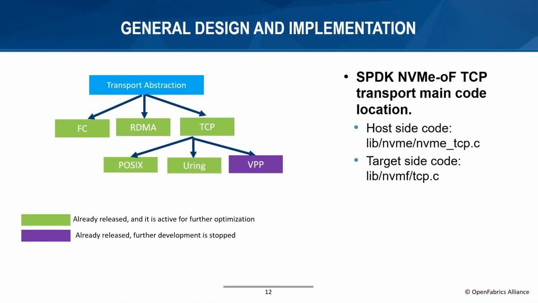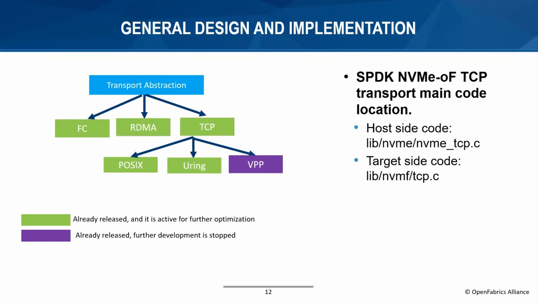So we have an announcement that we will disable the VPP related tests in SPDK's 20.07 release, and we will remove the VPP related socket API support in 20.10. I mean in this October.